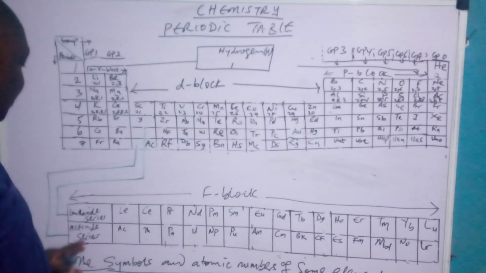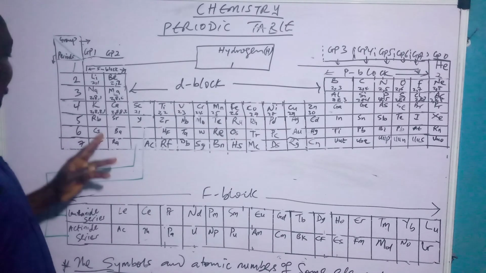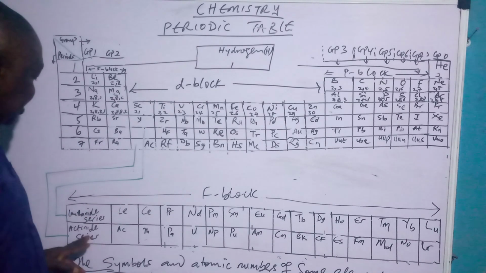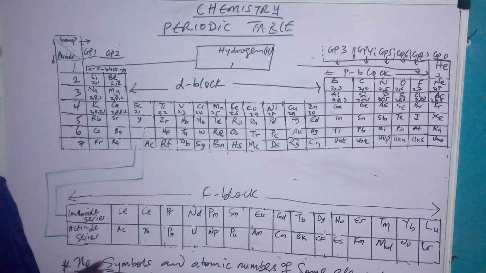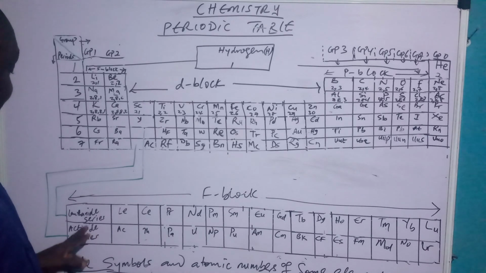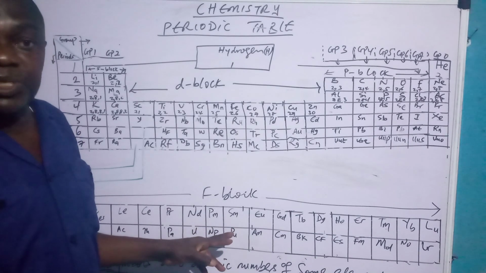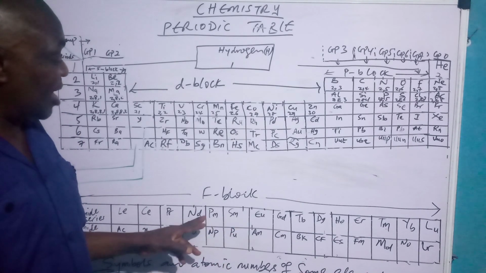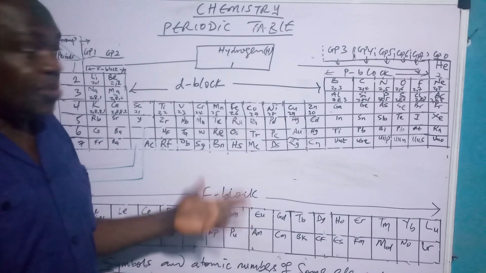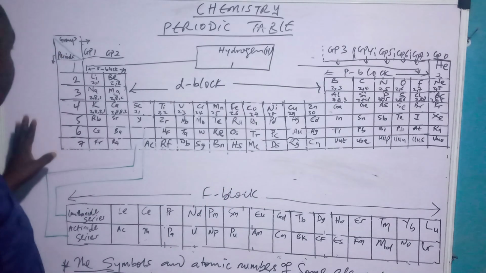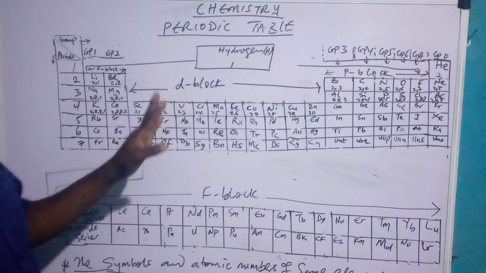If you go down, you also have the lanthanide and actinide series. Their valence electron is found in the f orbital, so they belong to the f block elements. So this is the summarized form of the periodic table for now.